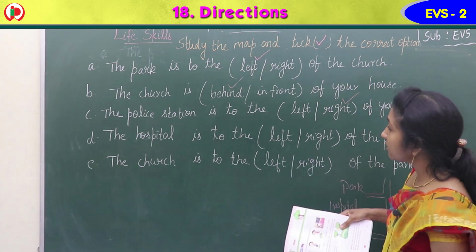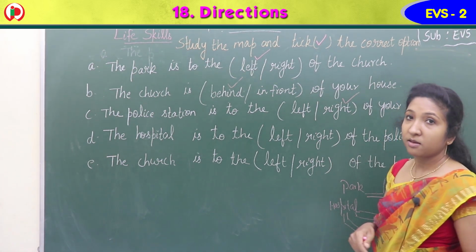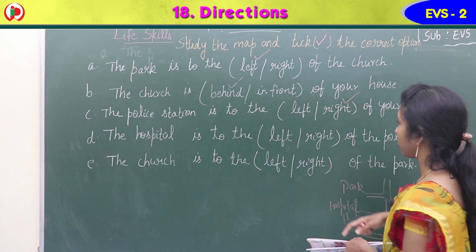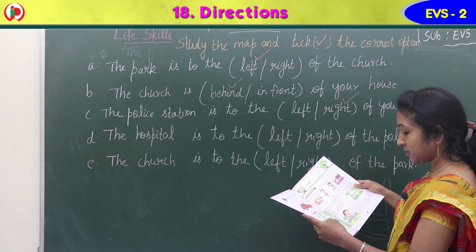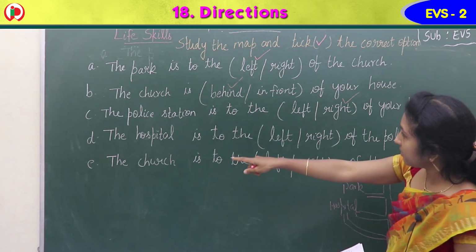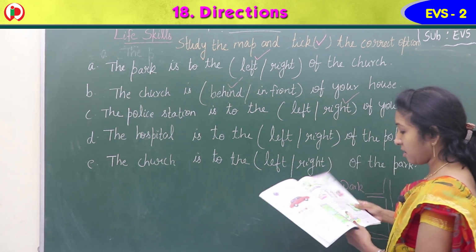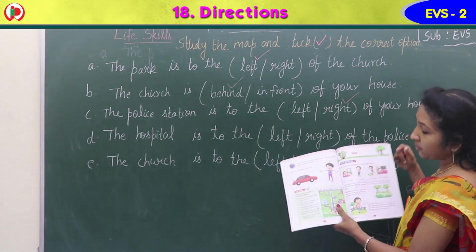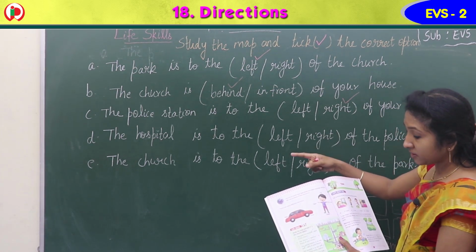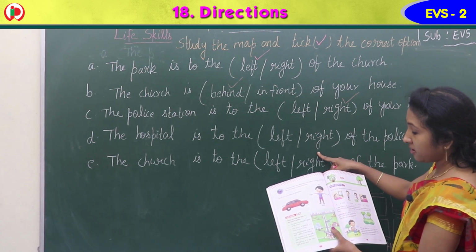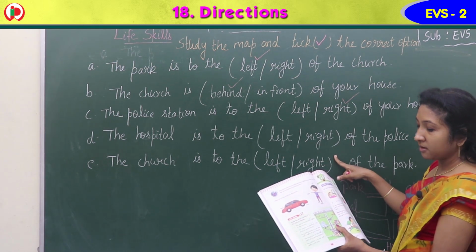Then the hospital is to the left or right of the police station. Where is the hospital from the police station? You can see the police station there, and the hospital also, children. So the hospital is to the dash of the police station. Is it left or right?